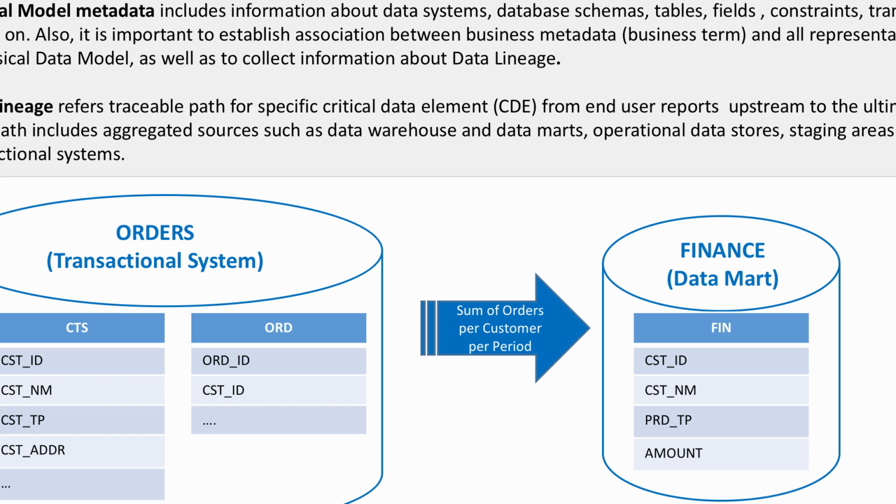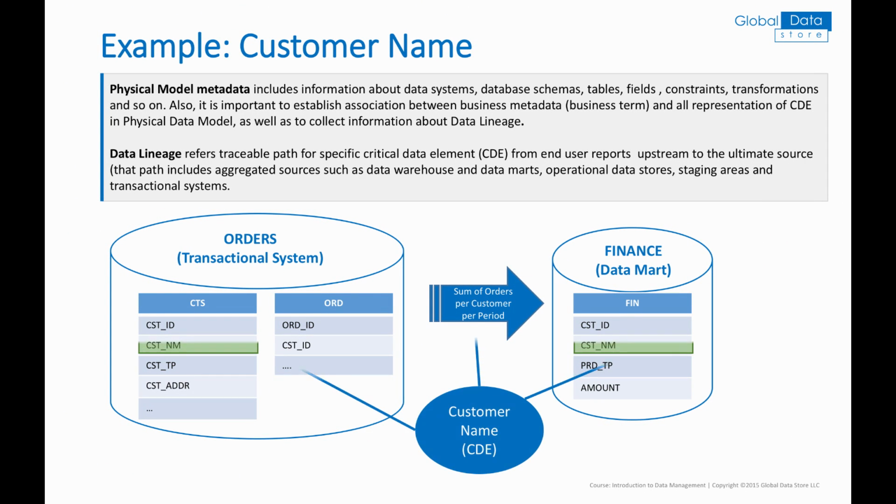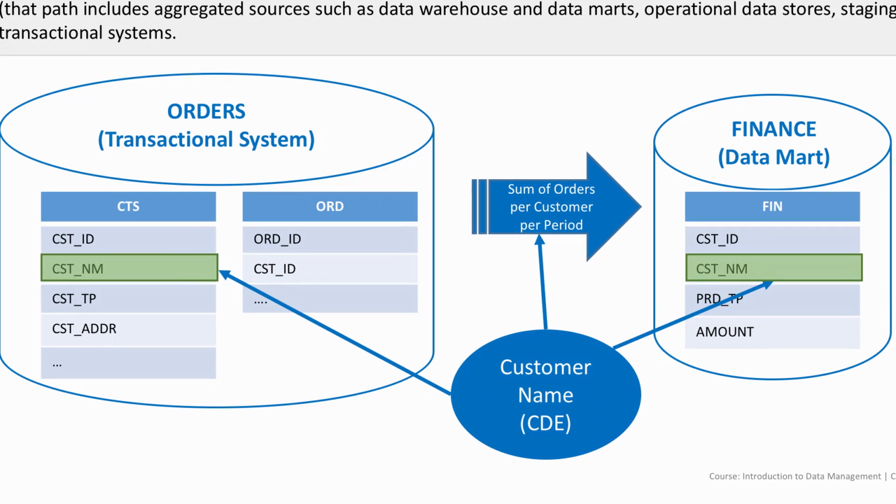From the metadata perspective, we collect information about both systems, transactional and data mart, including tables and columns. As a last step, we make association between customer name CDE and its representations in both systems. For the orders transactional system, that is column CSTNM in table CST.